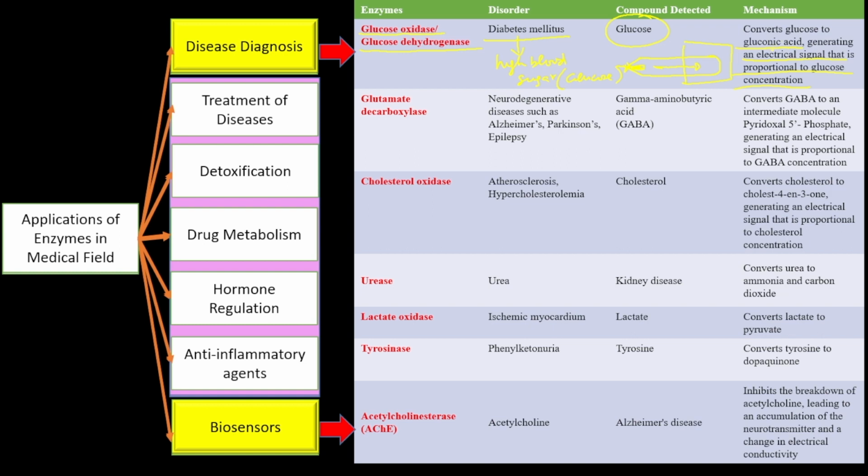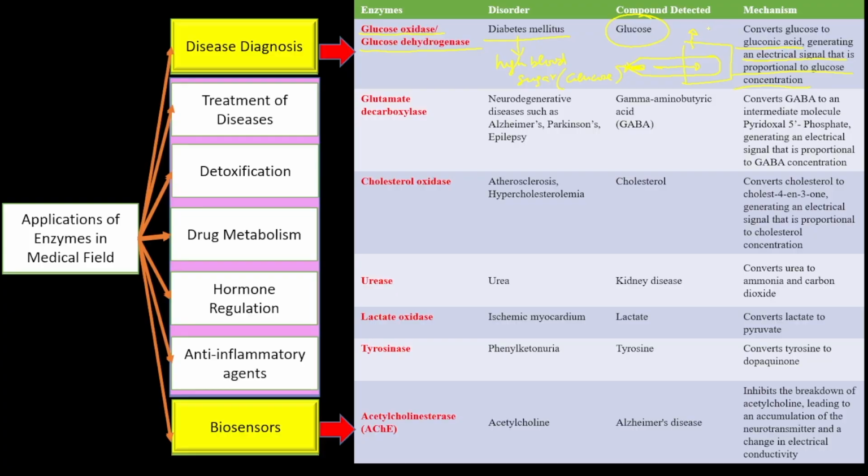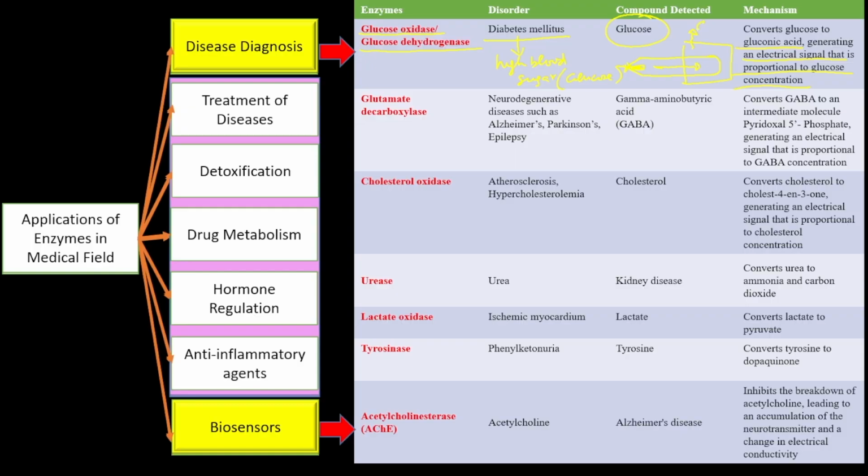It means it generates a current, and that current is measured by the glucometer with the help of a meter, right? That signal is processed by a calibration curve, and as a result it tells you the amount of glucose present, because they have already calibrated the machine with standard glucose solutions. So that's how it gives you accurate values.